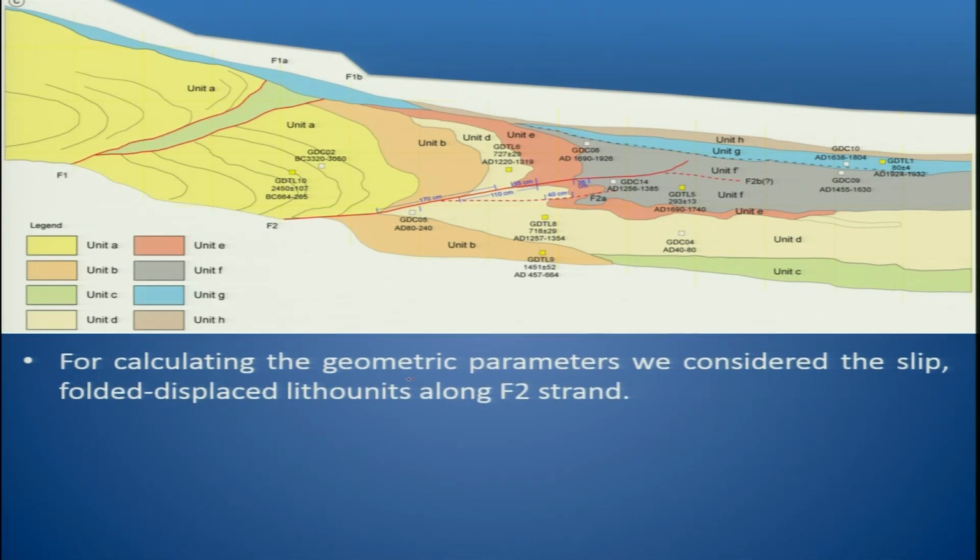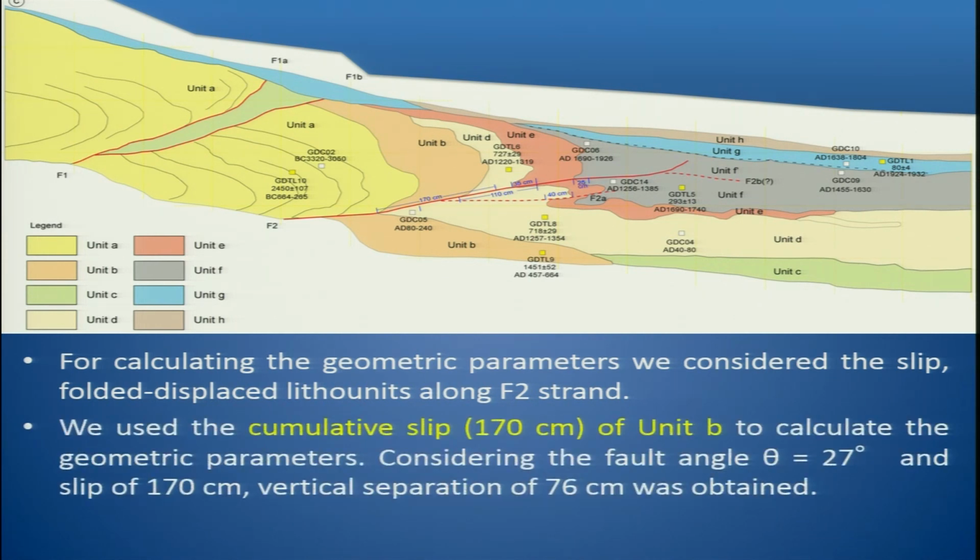For calculating the geometrical parameters, we considered the slip, folded and displaced litho units along F2. We wanted to go back into the deformation pattern and reconstruct how the deformation exactly took place. So we used a cumulative slip of 170 centimeter of unit B to calculate the geometric parameters. We used very simple trigonometry, considering the fault angle here.